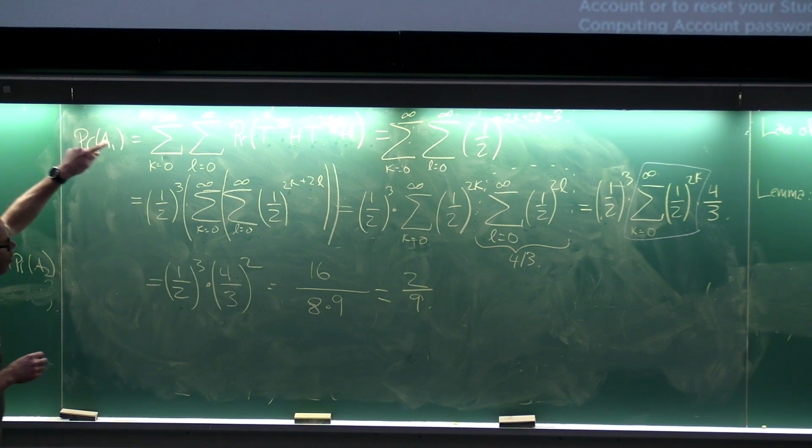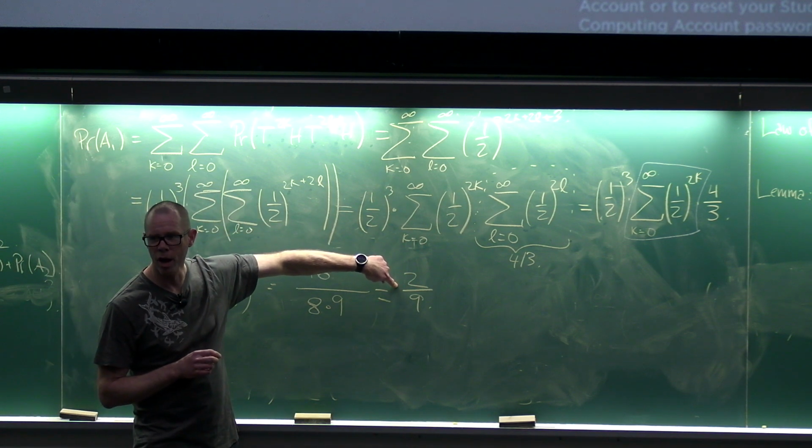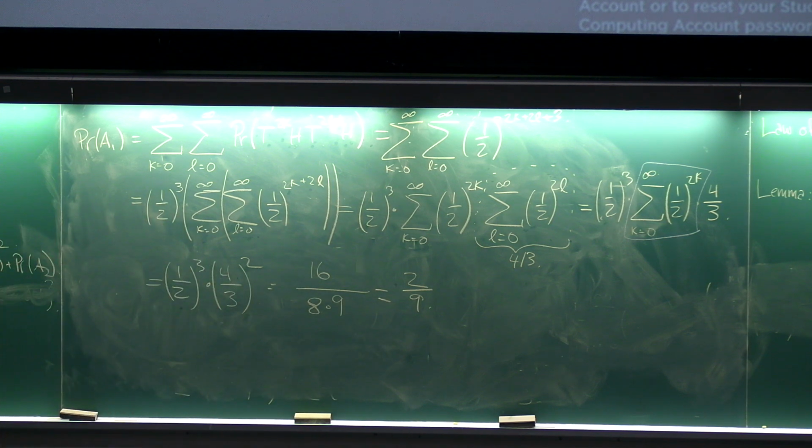So, probability of A1 is 2/9. Probability of A is the probability of A1 plus the probability of A2.